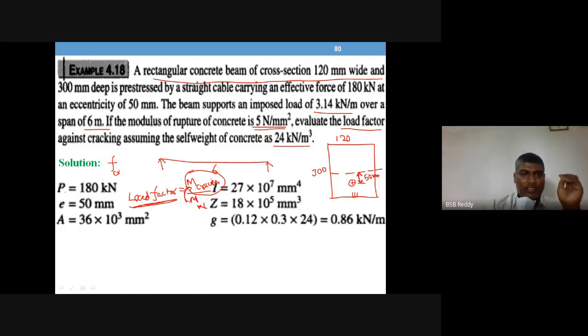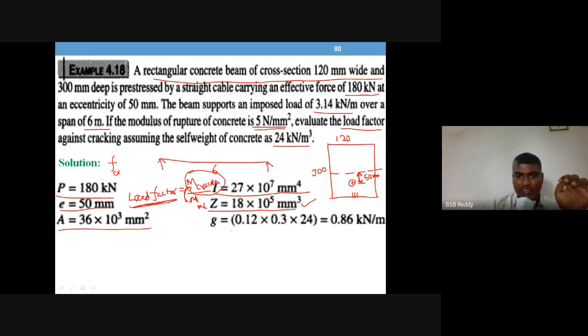Let us see what parameters we have. Pre-stressing force given is 180 kilonewton, eccentricity given is 50 mm. Cross-sectional area you are able to find: 120 into 300. Moment of inertia, bh cube by 12, 120 into 300 cube divided by 12, and Z, bh square by 6, you are able to solve.